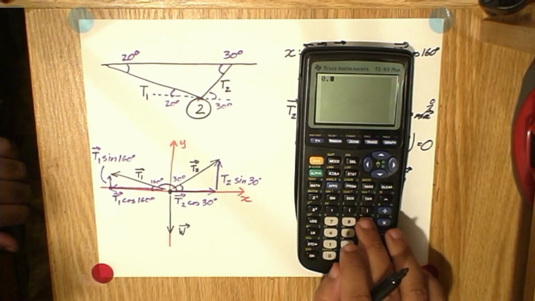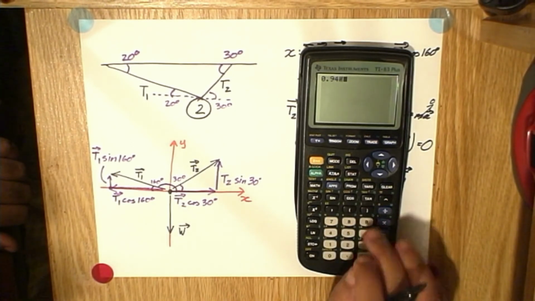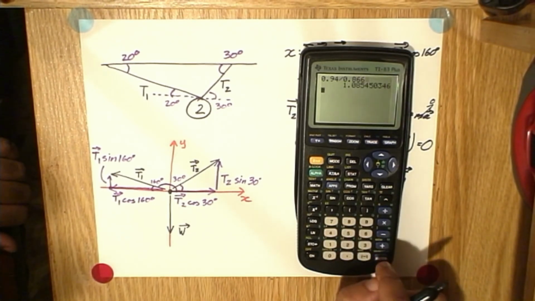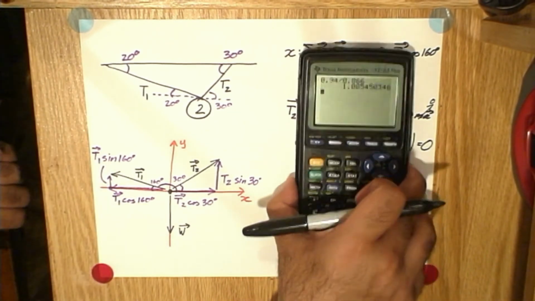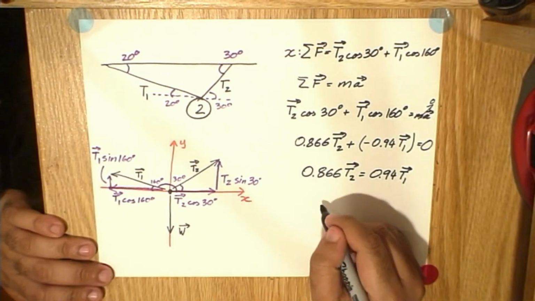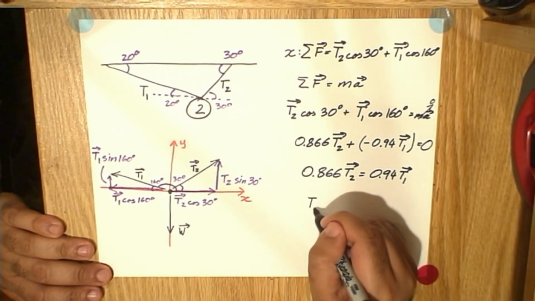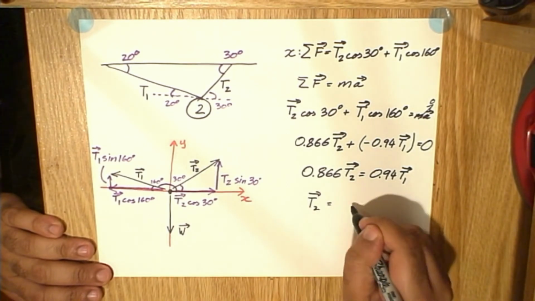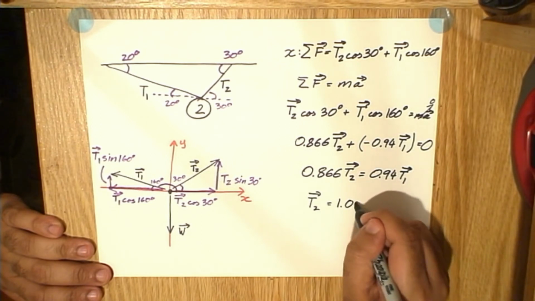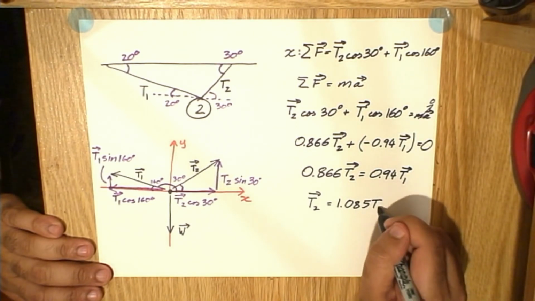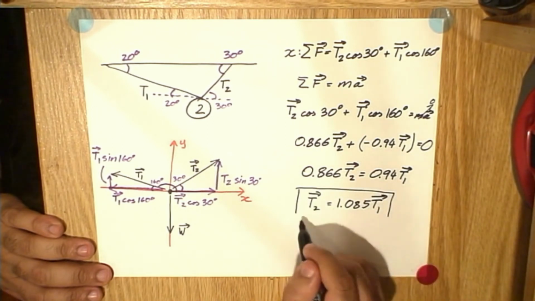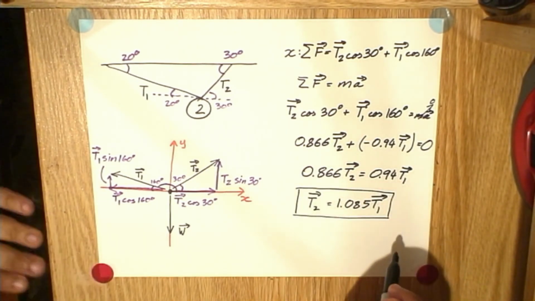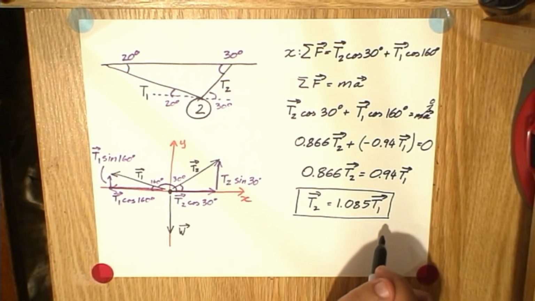So 0.94 divided by 0.866 works out to 1.085. So I could say now that T2 is equal to 1.085 times T1. This is the first relationship that I have between these two forces.